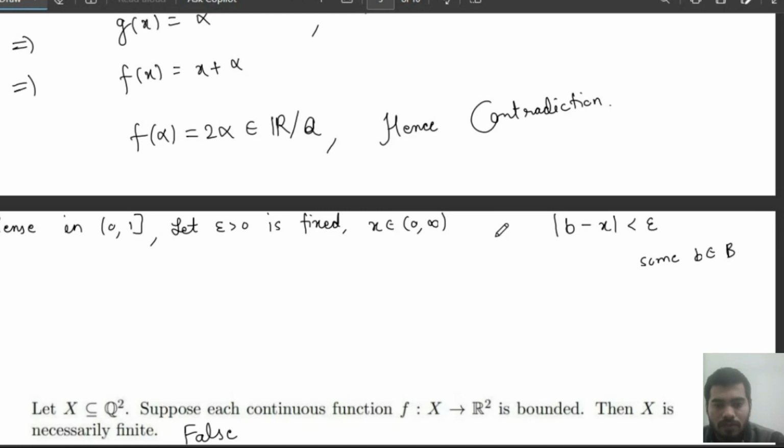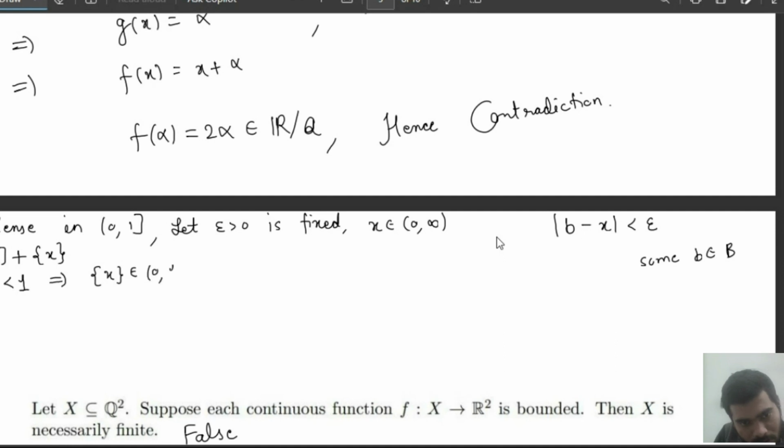Okay. Now, break x into two parts: integral part of x plus fractional part of x. First thing is that the fractional part is always strictly less than 1. So this implies that this belongs to 0, 1, correct?